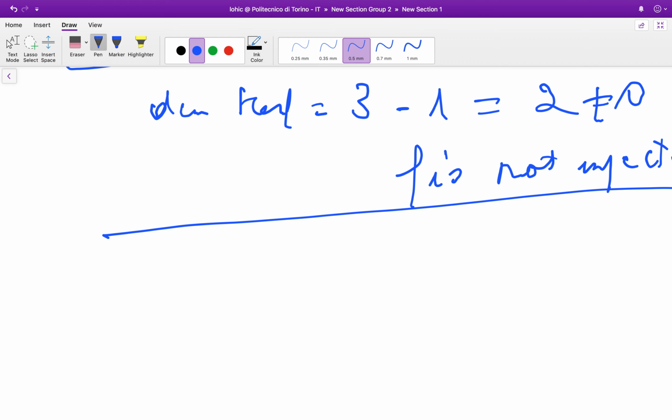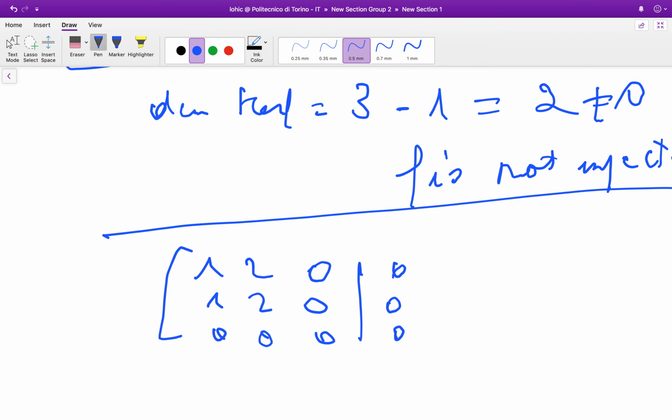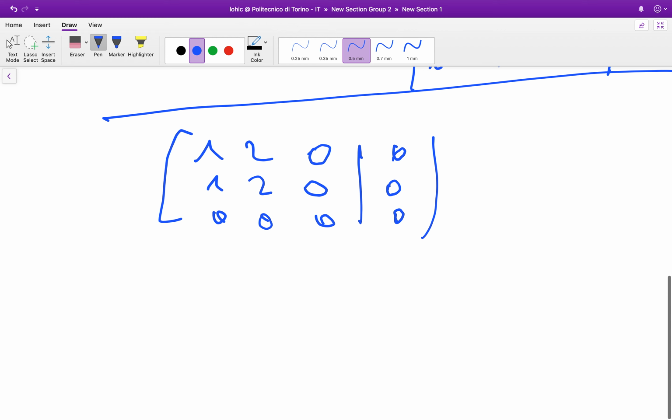Yes, the kernel is the span of all the vectors that go to 0. So to find the kernel of a linear mapping, you want to find the vectors that the linear mapping maps to zero.